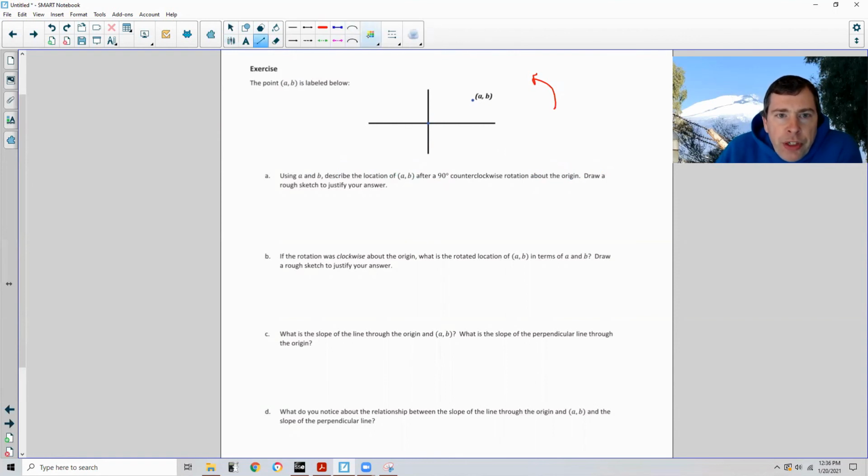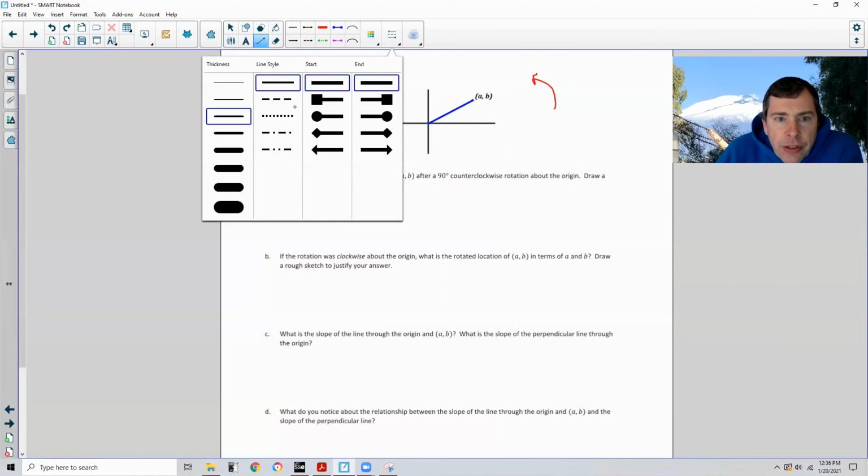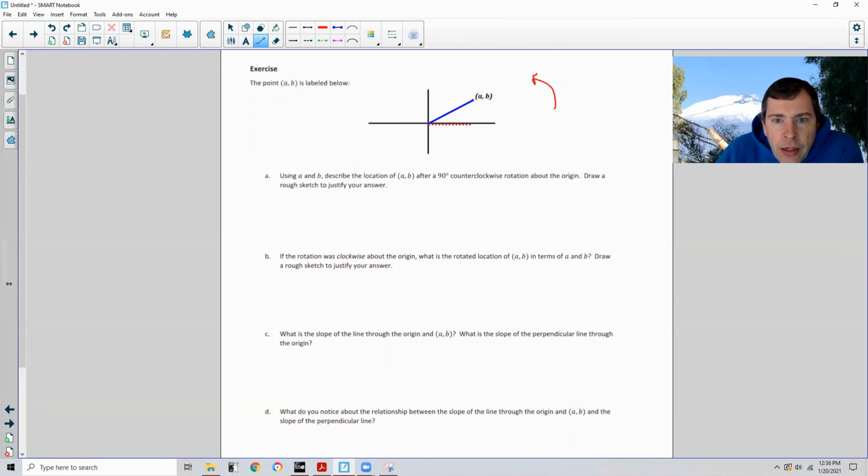So what you could do, I'm going to use electronics here, of course, but you could use a ruler and draw. I'm just going to draw a segment from the origin up to AB, like that. Well, what does that form? Well, it forms a right triangle. So now if I draw a segment out on the x-axis, or in this case, the a-axis, and then up the b-axis, or up direction positive b, instead of xy, we're using ab.